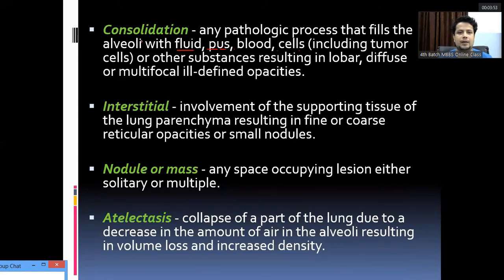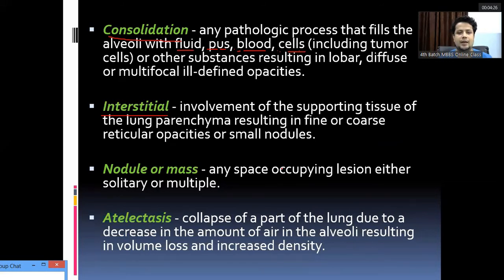So we should remember that there is not only fluid or pus filling; it may be blood in case of trauma, or cells in case of tumor that may fill the alveoli, and this appears as consolidation. Next is interstitial opacities. Involvement of the supporting tissue of the lung parenchyma resulting in fine or coarse reticular opacities or small nodules or reticulonodular opacities. This is the interstitial pattern of opacities.